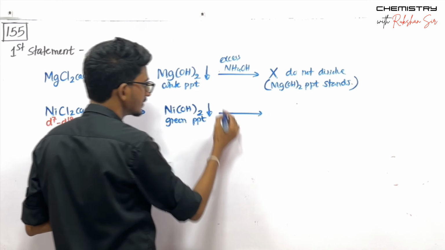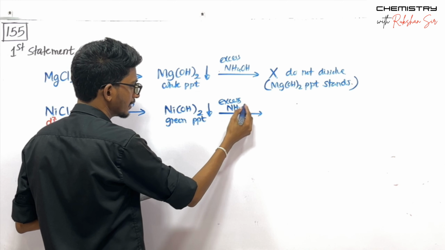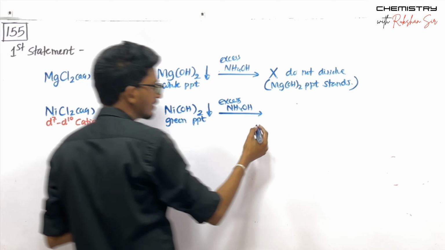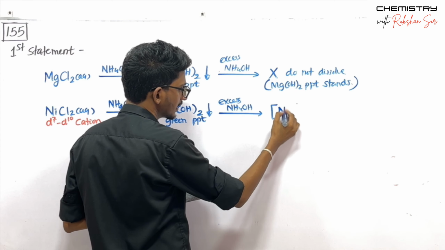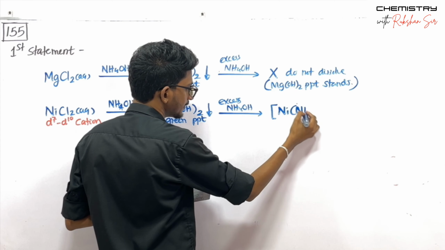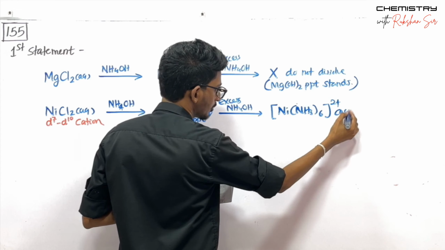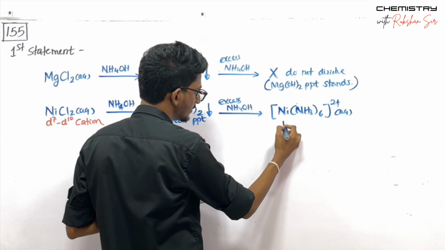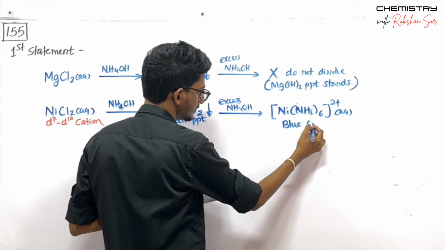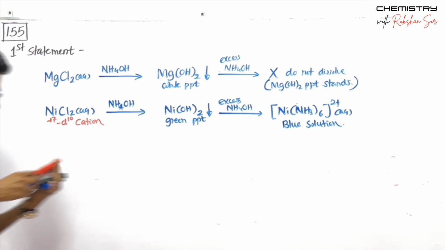And with excess addition of ammonium hydroxide, that means excess ammonia, it will form the amine complex as it's a d7 to d10 cation, the nickel 2 plus. This is how it looks now. This is a solution which is blue in color.